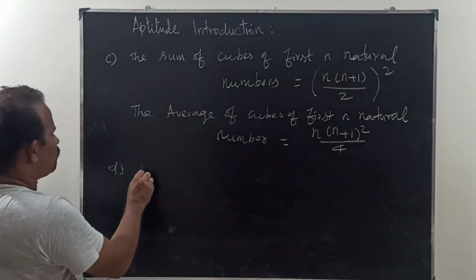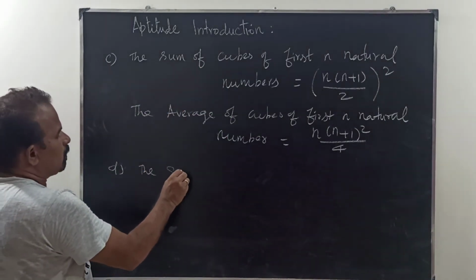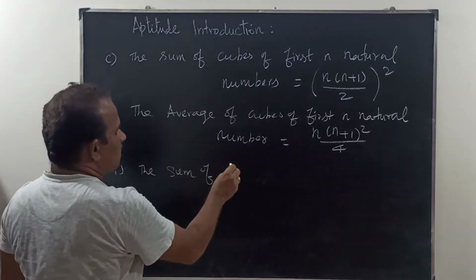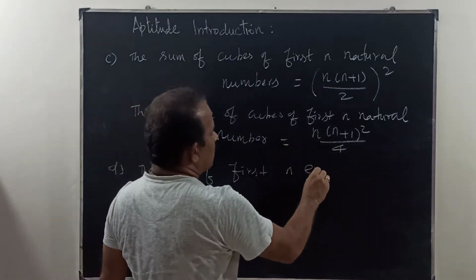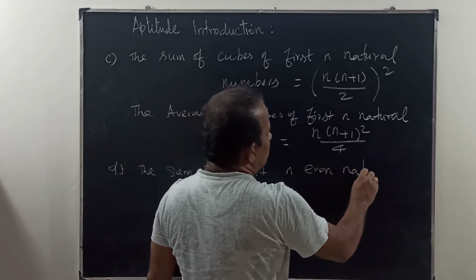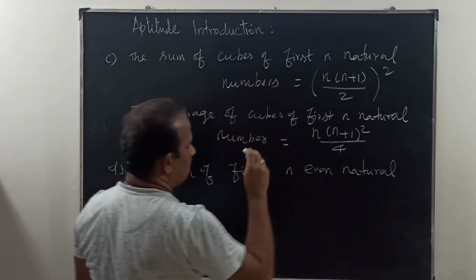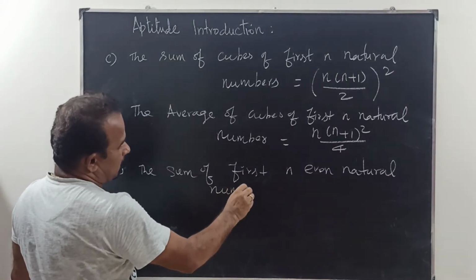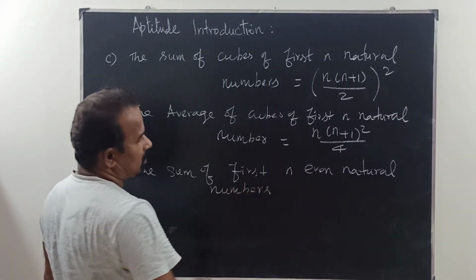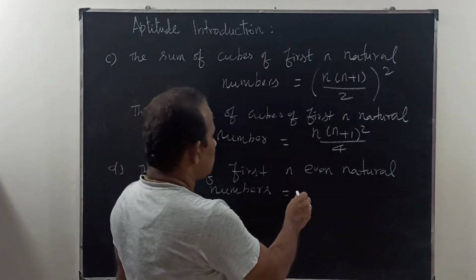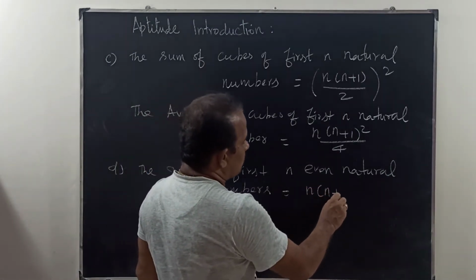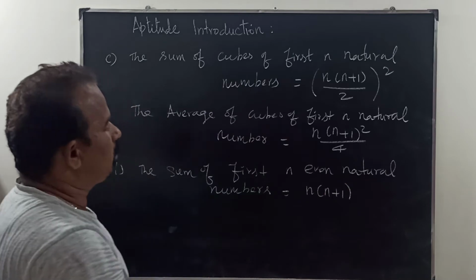Okay. Then D is the sum of first n even natural numbers, which is equal to n into (n plus 1).